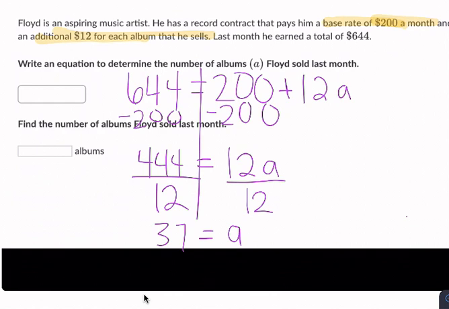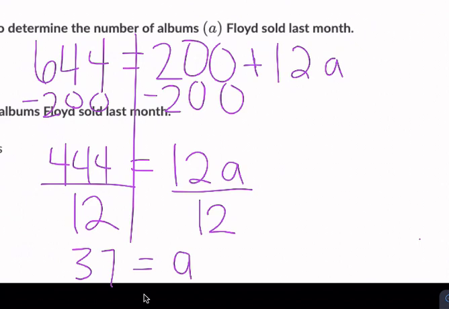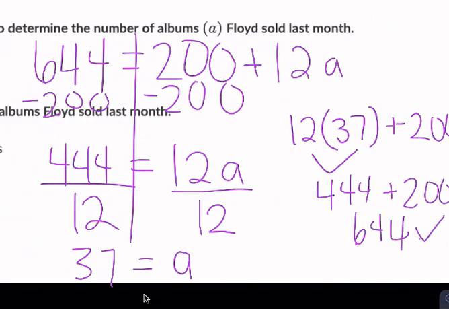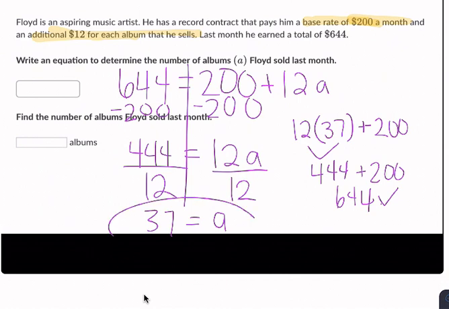To make sure we are correct, we do 12 times 37 and add 200 to see if we get 644. So double checking my work, 12 times 37 is 444 plus 200 equals 644. So we are correct. A equals 37.